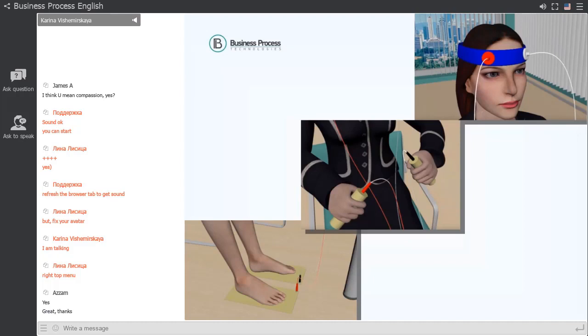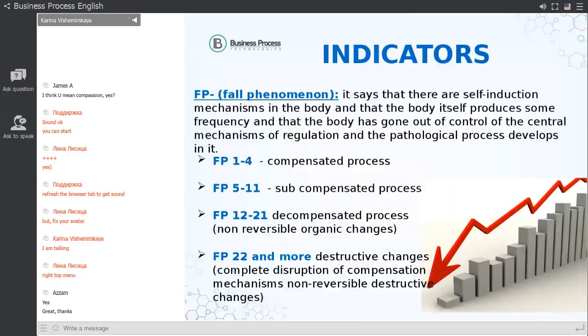Hand electrode, right hand. Feet electrode, right feet. It should be marked with red. This is an indicator. All this information, all these pictures are also presented, how to connect the person and how to use the application. Inside the Web Wellness application, we have a user manual, where you can read all this information as well.